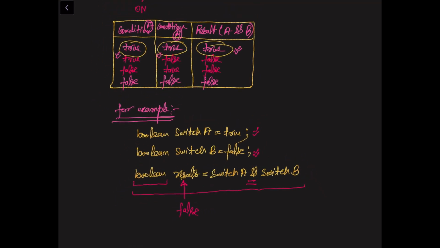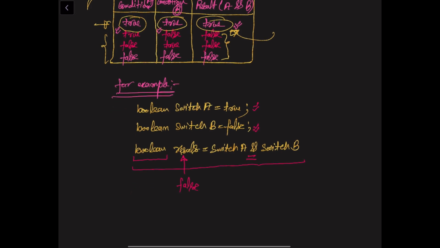In the truth table we have seen only one possible combination is when both conditions are true, so the result is true. For all the remaining combinations we will get the result as false, so that is why we are getting false as the result. And this is the way we can write it in our code whenever required.